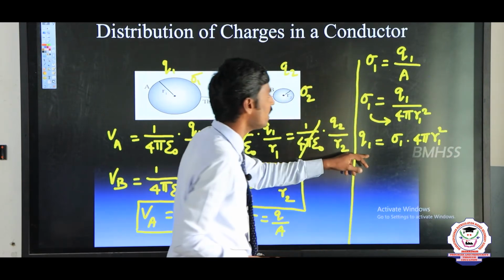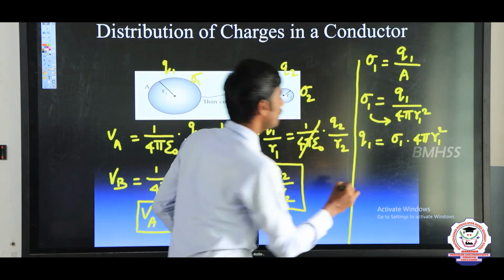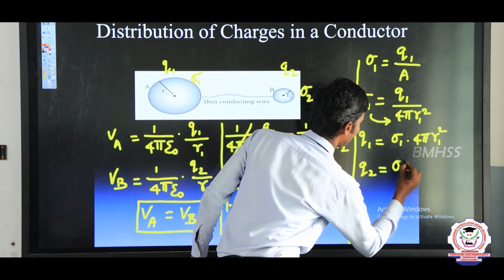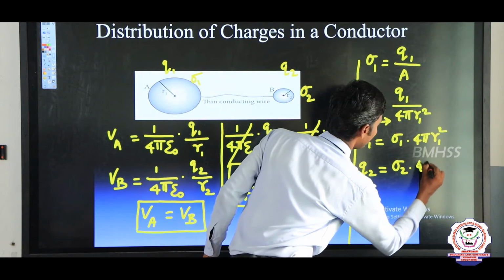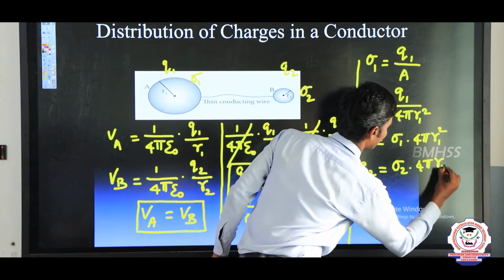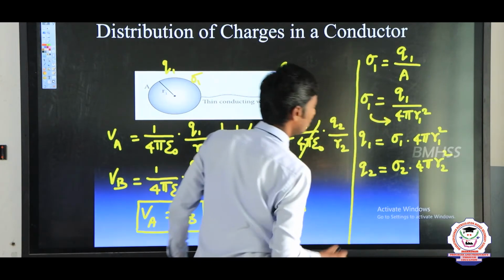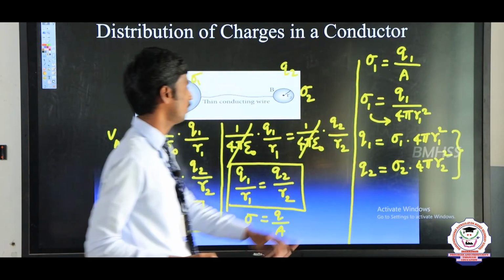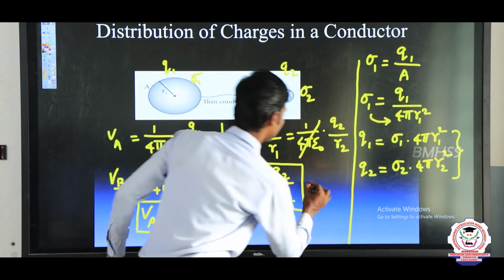Similarly, Q2 equal to sigma 2 into 4 pi R2 square. Here the Q1 value is given, and the Q2 value is here.